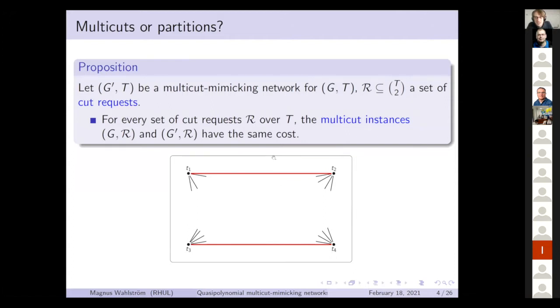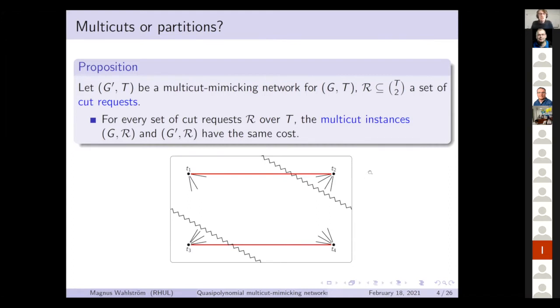The argument is, as long as you have the same behavior for actual partitions, then you also have the same behavior for any multicut instance like this. Like the original graph does, maybe this represents the optimal solution for this multicut instance. And then this gives you a partition of terminals into connected components.